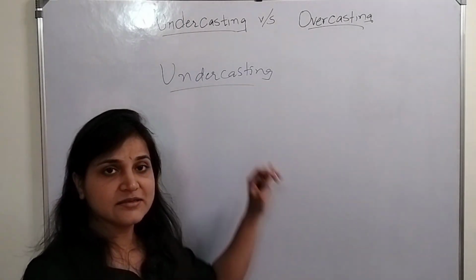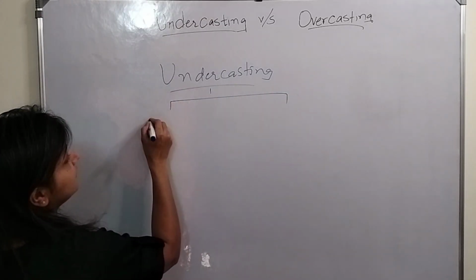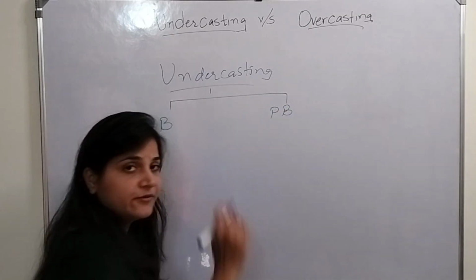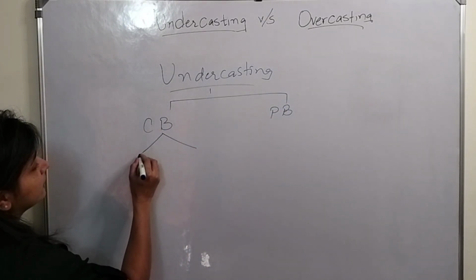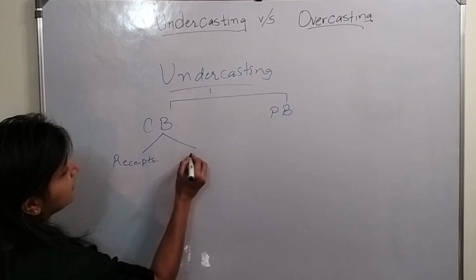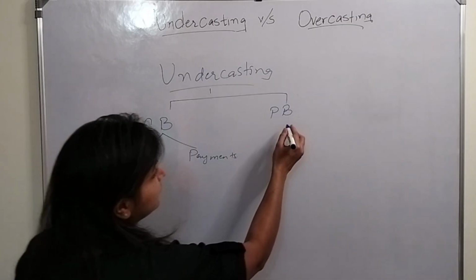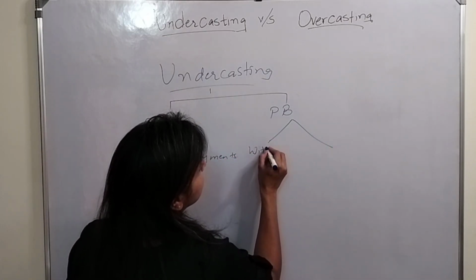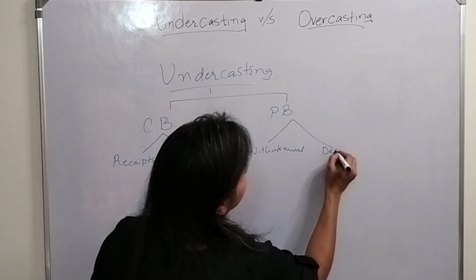Now the undercasting could be in cash book or else in passbook. In cash book, it could be receipts or else payments, whereas in passbook it could be withdrawal or deposit.